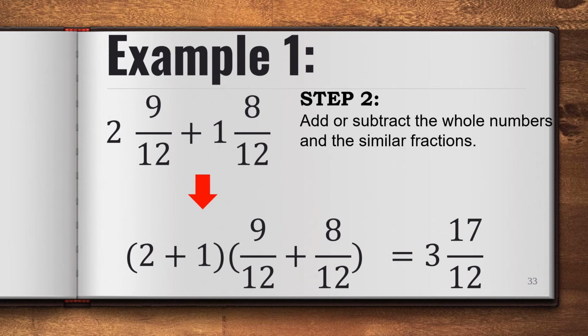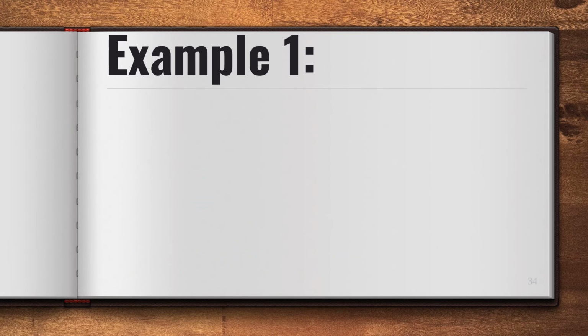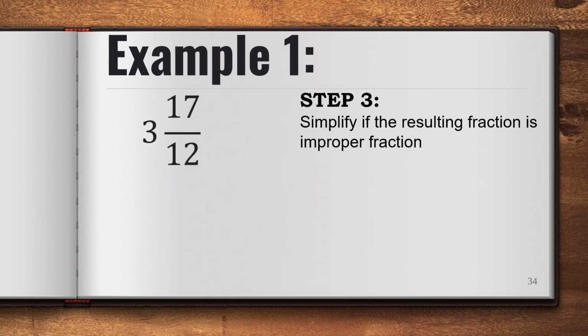Alright, you are correct. It is not yet the final answer. So for our step 3, simplify if the resulting fraction is an improper fraction, or simplify your answers if you can still reduce them to lowest terms. Since we have 3 and 17 over 12 as the sum, 17 over 12 is equivalent to 1 and 5 over 12, because 17 over 12 is an improper fraction.